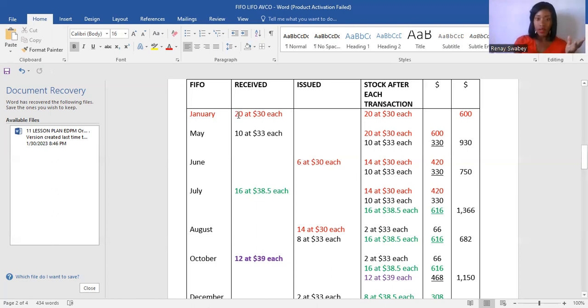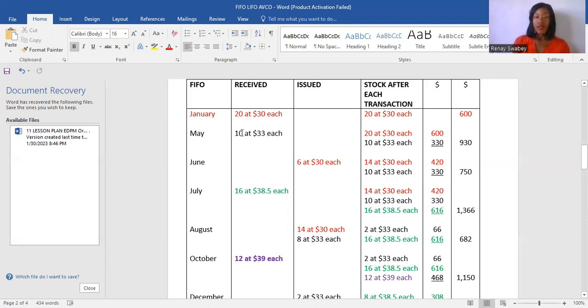So this 20 here, subtract this 6, and 14 is left, right? So because it says each item should be sold at $30 each, you're going to write the balance, which is 14, at $30 each. Now you're going to say 30 times 14 equals $420.